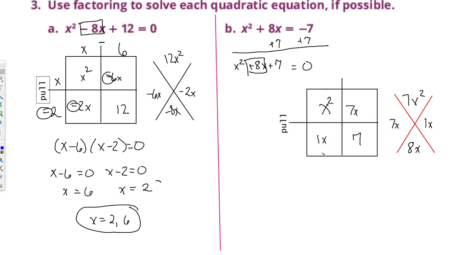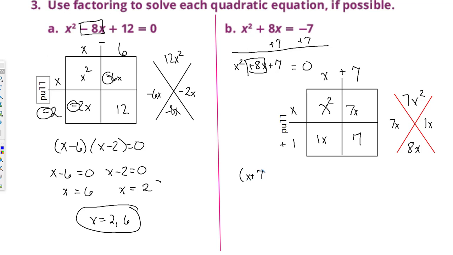What is shared in this first column? What is the largest number that's shared in the second column? 7. What is shared in this first row? What is shared in the second row? 1. And my closest sign on both of these is positive.